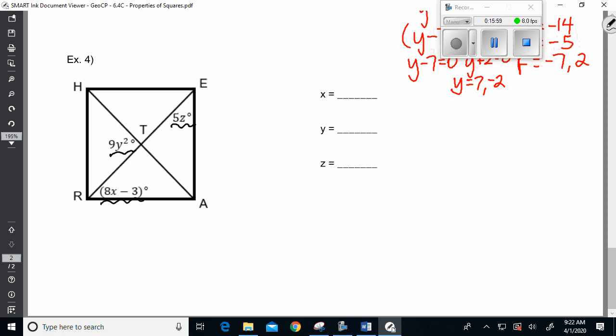So 9y squared is sitting where the 4 90-degree boxes would go. 8x minus 3 is sitting where part of a 90-degree box would go. So that tells you it's not going to equal 90, it's going to equal 45. Same thing with the z. It's sitting where part of the 90-degree box would go.